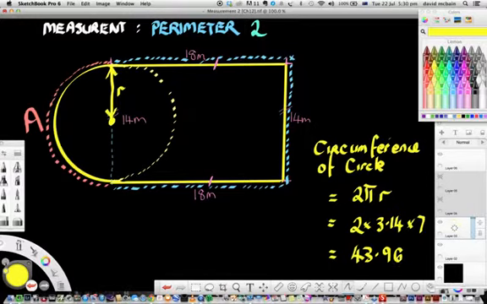But we only want half of that. So we're going to divide that by 2. So distance A is going to equal 43.96, which was the circumference of the full circle, divided by 2.